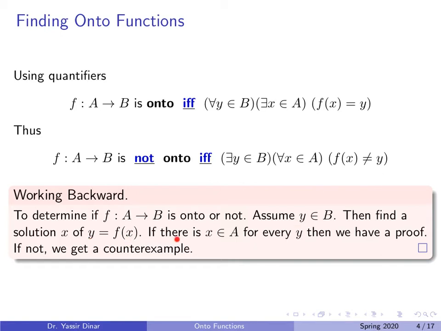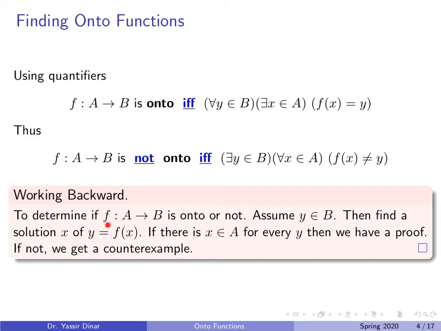If I can find an element x in the domain A of my function f for my arbitrary y, then I have a proof that the function f is onto. But if I couldn't find such x for at least one value y in B, that means I get a counterexample.